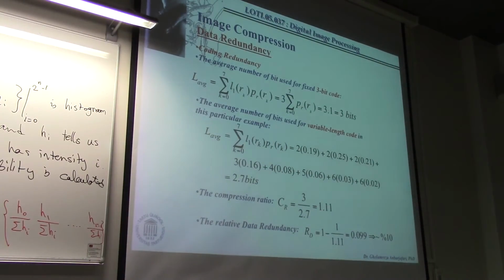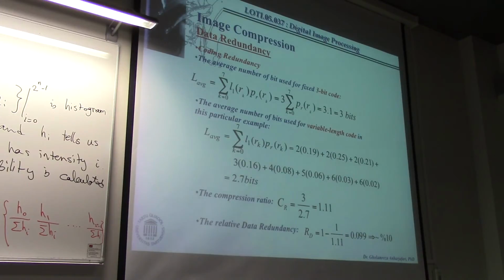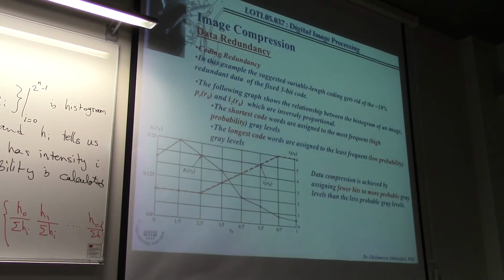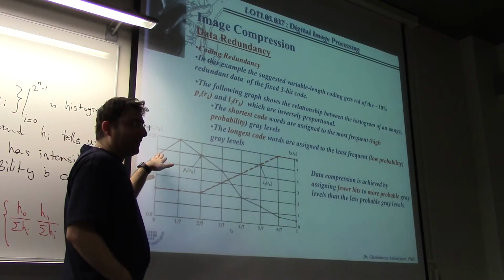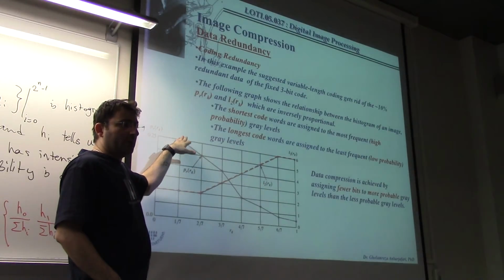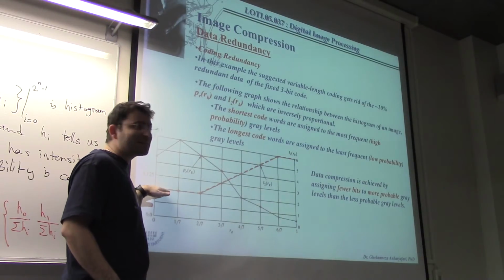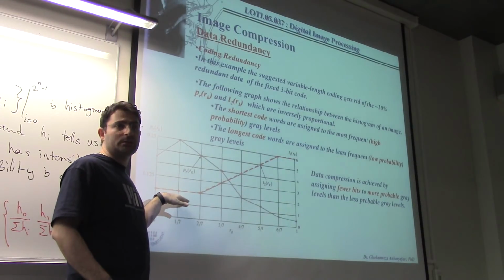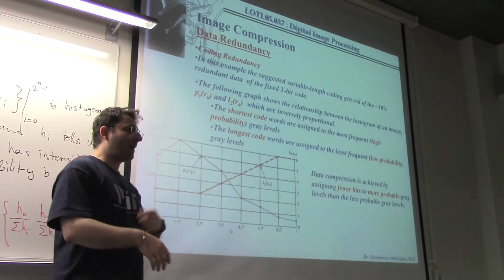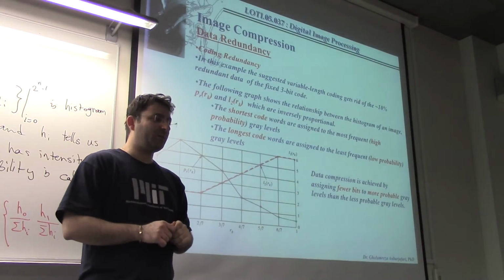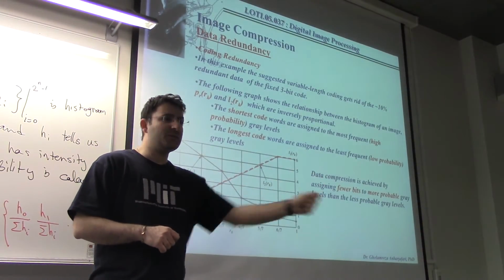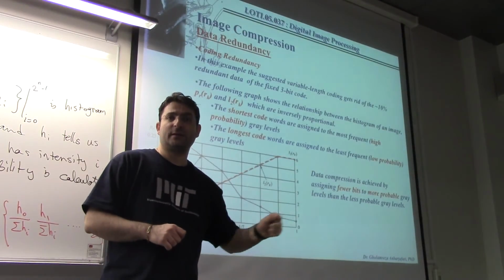So in our example, as you can see, it tells us that we have about 10% of redundancy. In short, what we are doing is this. The highly probable symbols will get the less number of bit allocation because they will happen more, so I give them, for example, a 1-digit number instead of a 2-digit number.